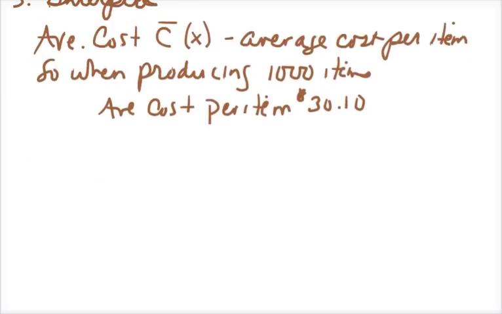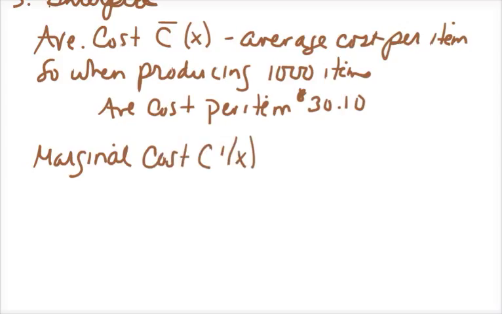The second one is marginal cost, which is a derivative. And the interpretation of that is for producing the 1,001st, so one item past your nominal number of items that you're computing.